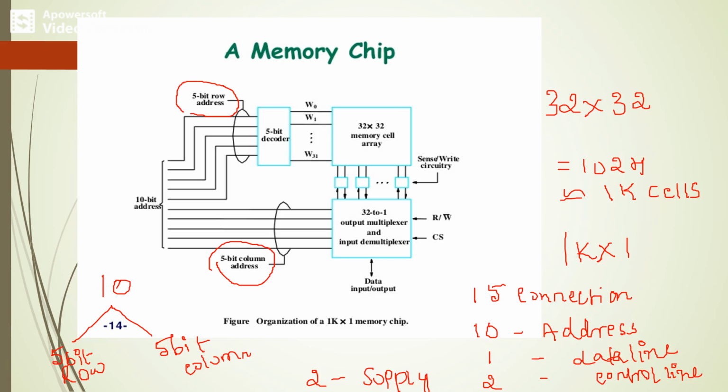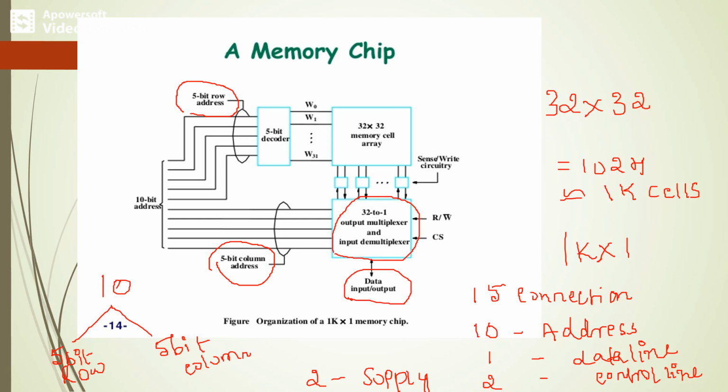While accessing the data, this is the data input and output line. Here we have a 32 to 1 output multiplexer and input demultiplexer.